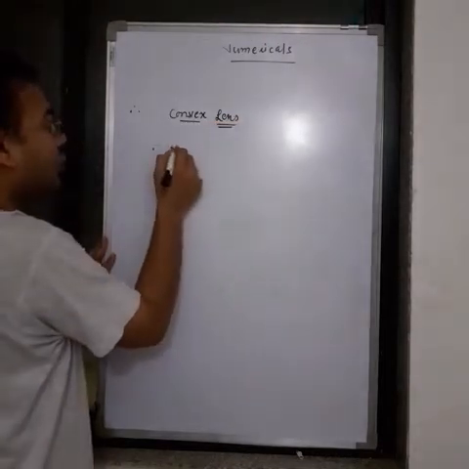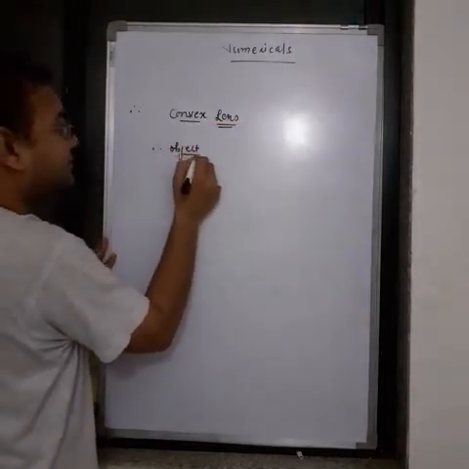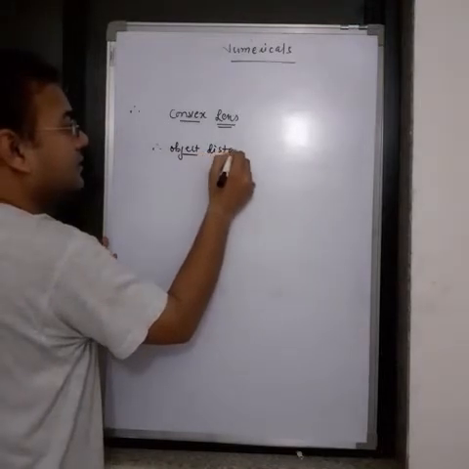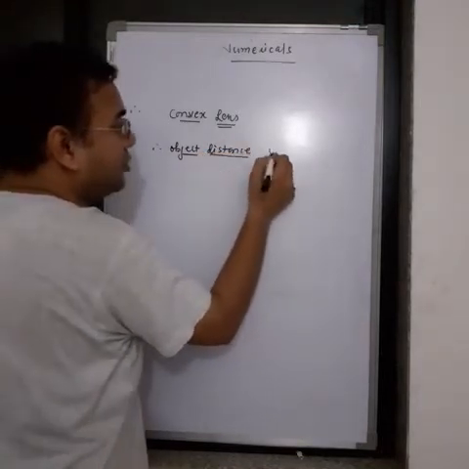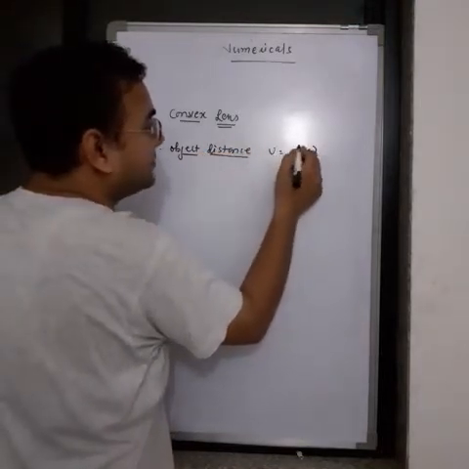Then object distance, it's a very important part, u is always negative.